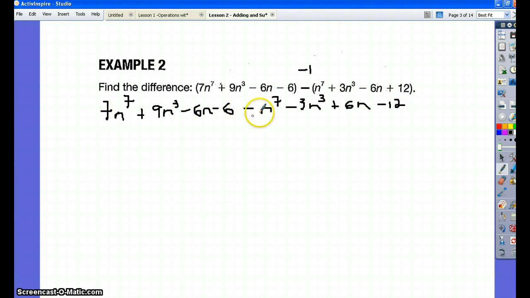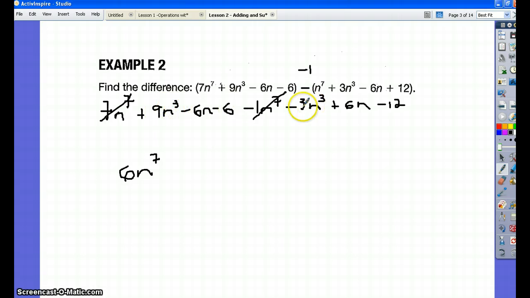So now let's combine like terms. Here's a 7n to the 7th, here's an n to the 7th, so they're like terms. Remember there's a 1 right here, we just don't write it, so it's going to be 6n to the 7th. Cross those out. 9n cubed minus 3n cubed. If there's a 3, we can just say cubed, such as if there's a 2, we say squared.